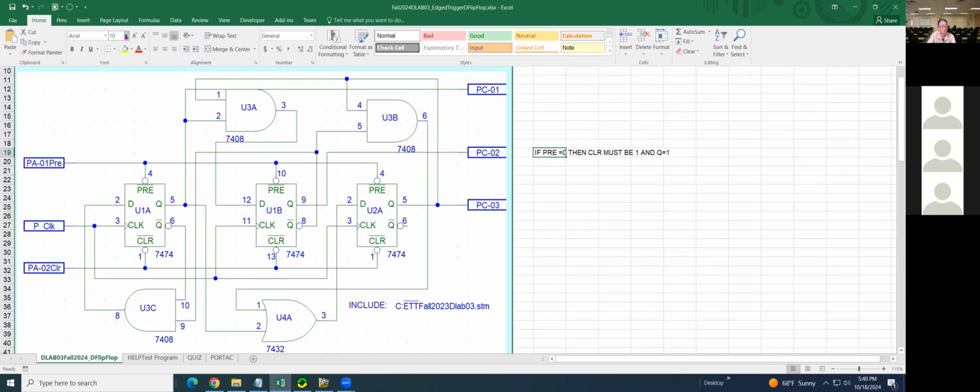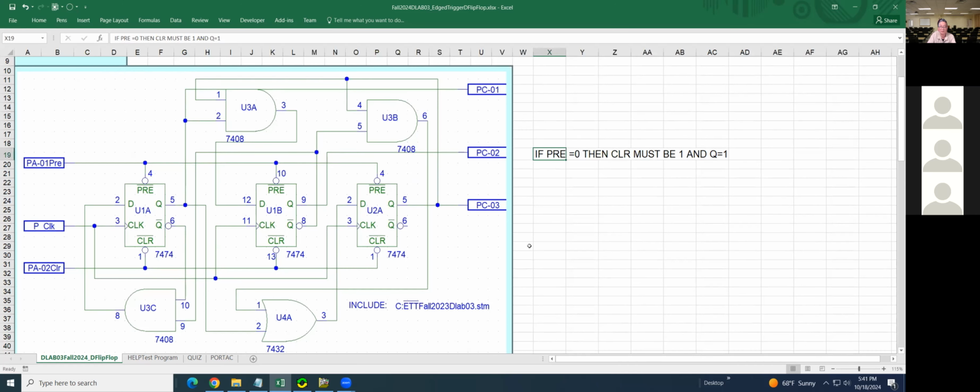Hey, Mr. Pham, yes, sir. You just wrote, if pre equals 0, right? Pre equals 0. Oh, you changed it, you caught yourself. Because initially you put 0 for Q, but when pre is 0, Q is 1. However, clear must be 1.